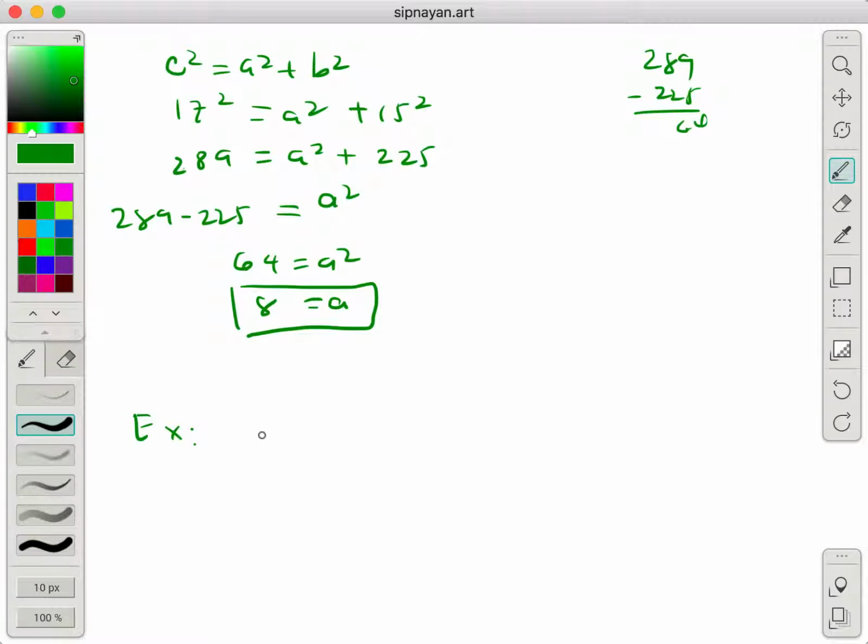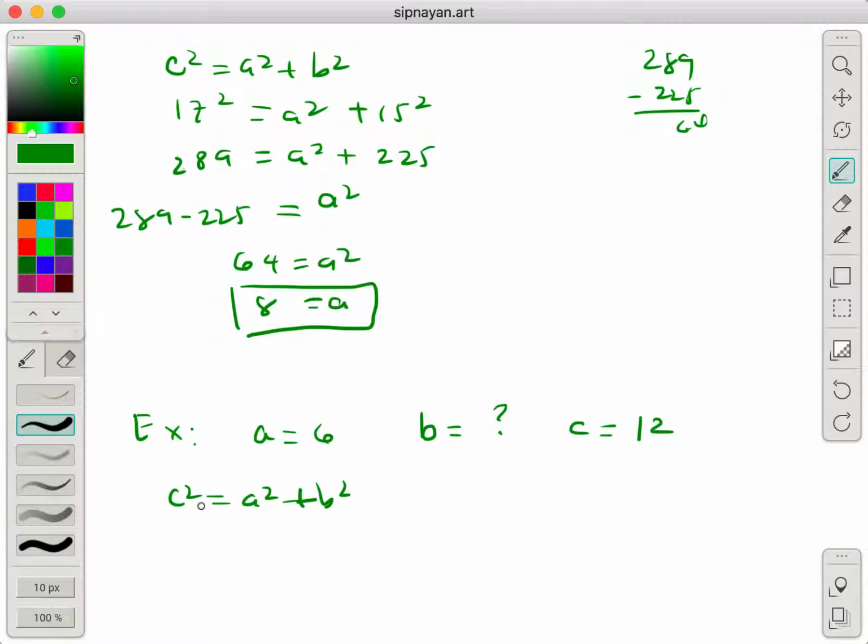Example, we have A is equal to 6, B is unknown, and then what is B if C equals 12. So magiging C squared equals A squared plus B squared. Yung kailangan mag-formula, isa lang.